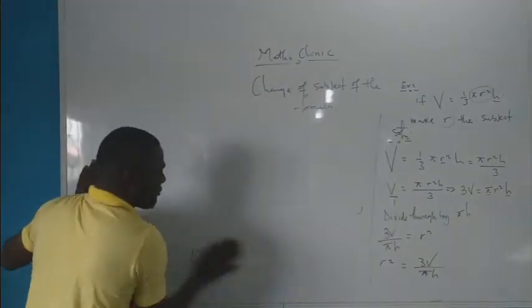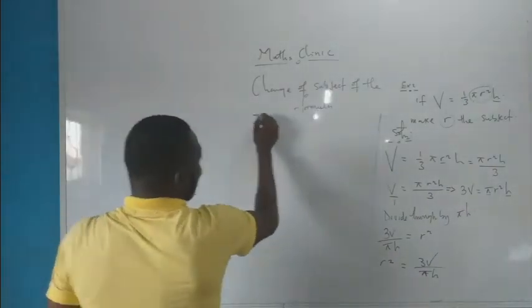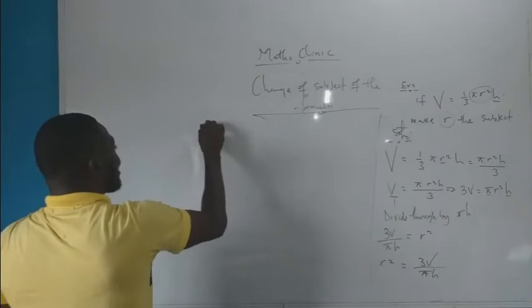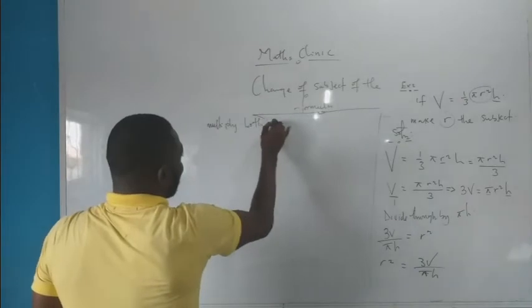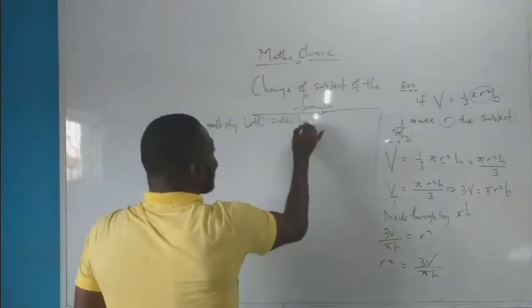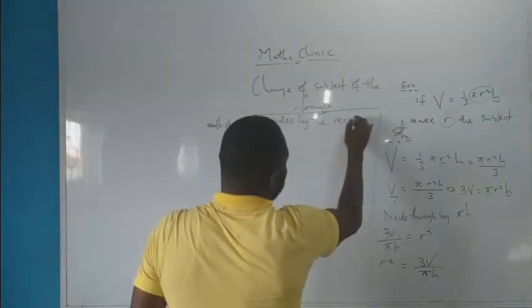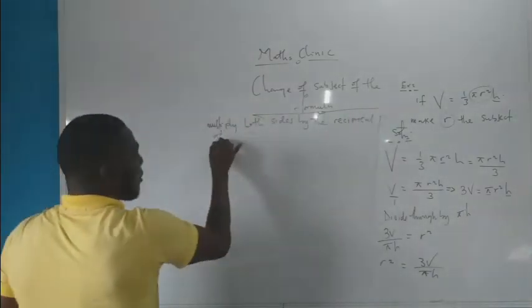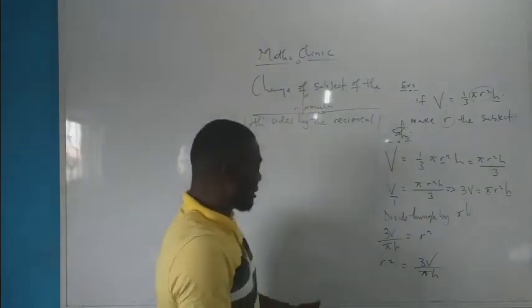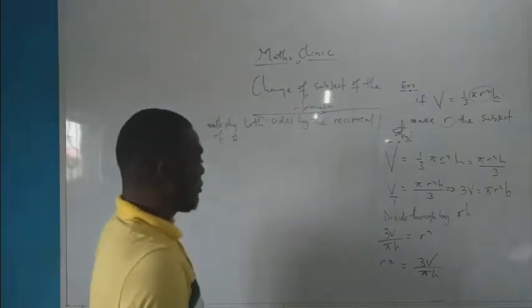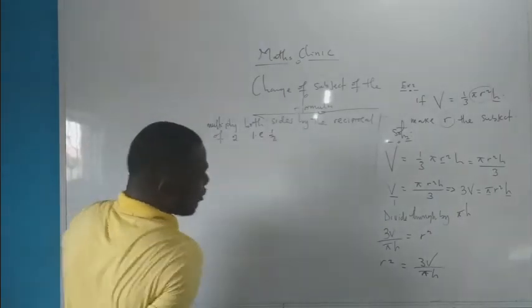So how do you solve for r? To get your r, you multiply both sides by the reciprocal of the power 2, that is 1 over 2.